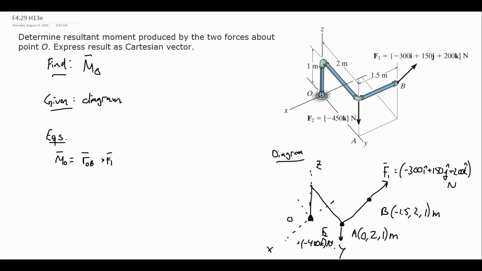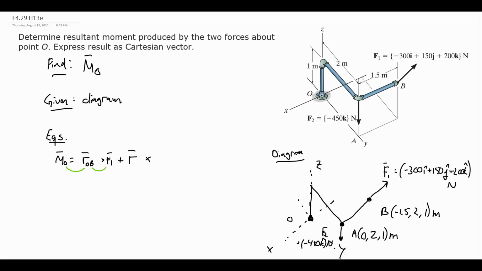Right, so r cross F, specifically r_OB cross F1, I'm talking about first. Again, I just want to point out here this O and this O match, this B as a point that F1 passes through. Right, so the green line is just for emphasis here. And then I will add to that the moment caused by F2.